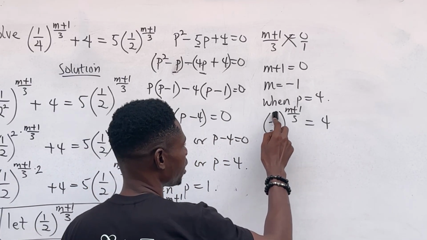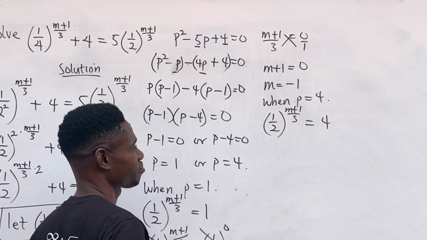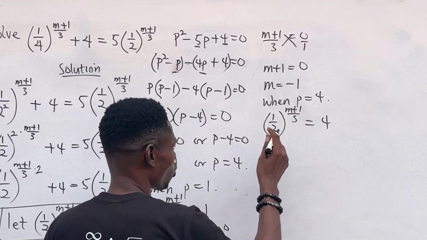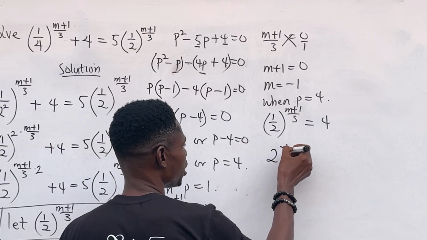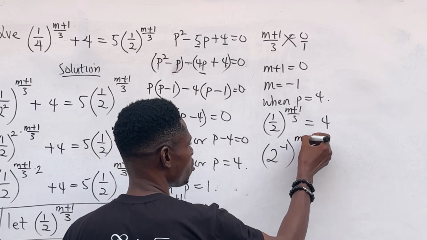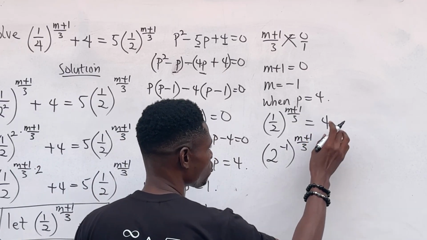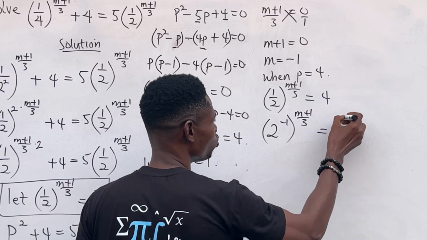So how do we balance this? Okay, I have an idea. This 1 over 2 can be written as 2 raised to the power minus 1, right? And then I have our power of m plus 1 over 3 equal to 4, which can be written as 2 squared.